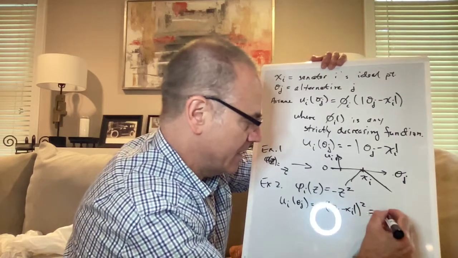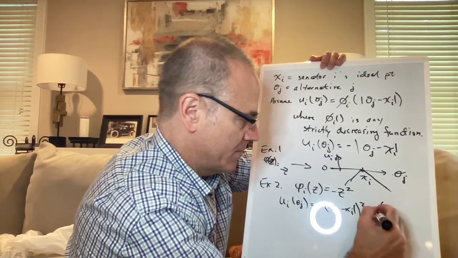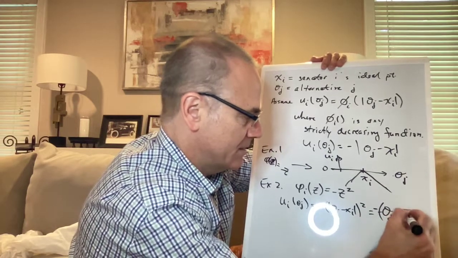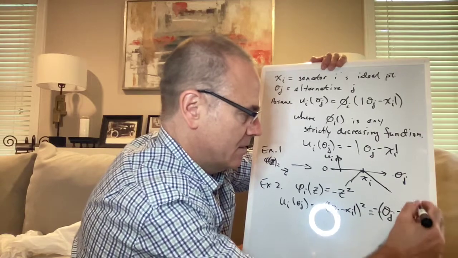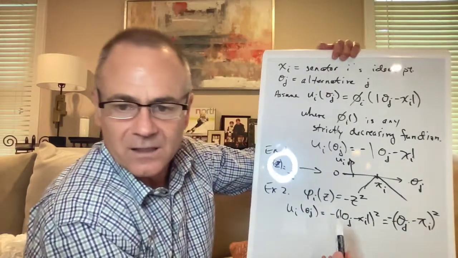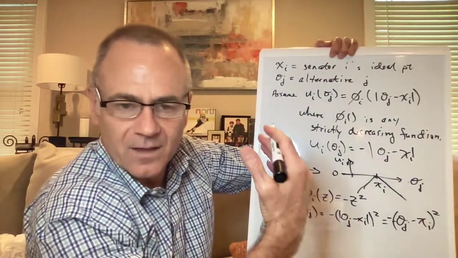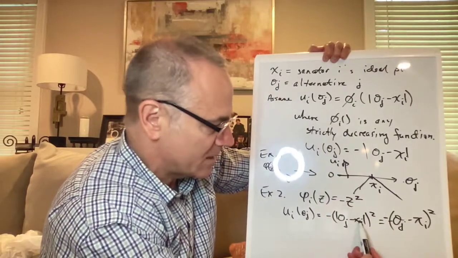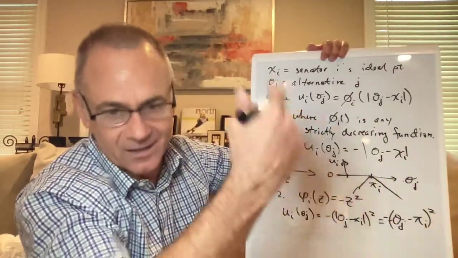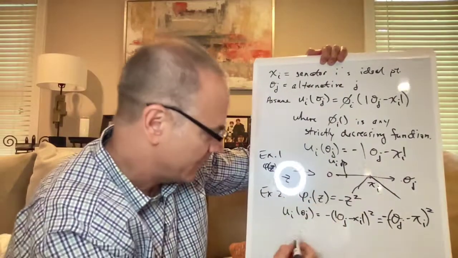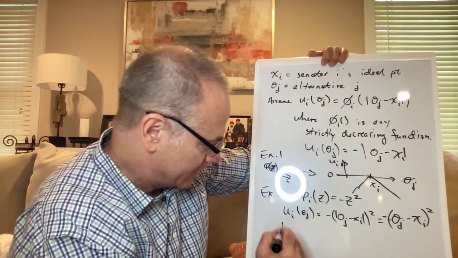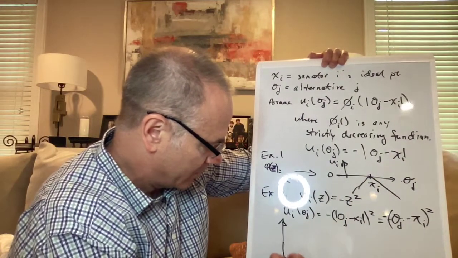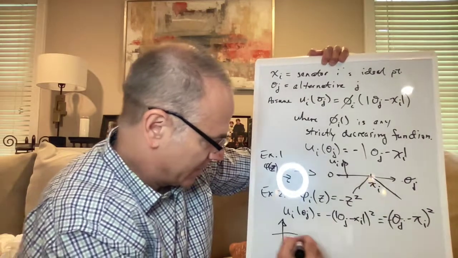That just equals negative theta j minus xi squared, because if it's the absolute value of something, that's got to be positive, but if you take the square of it, it's going to remain positive. What this means is the utility function looks like this.